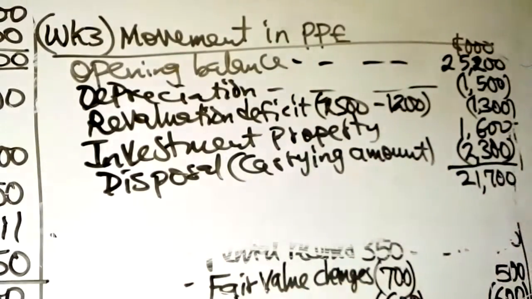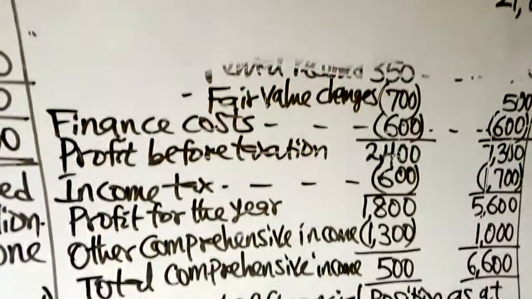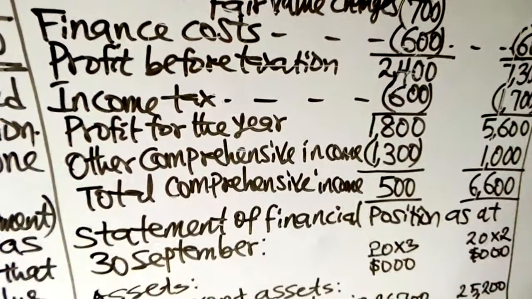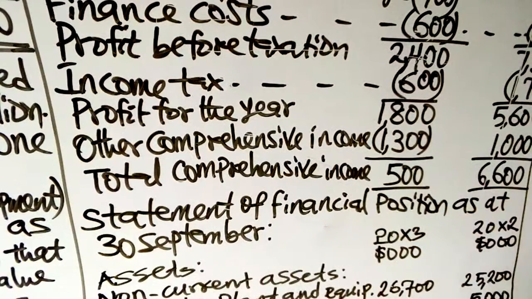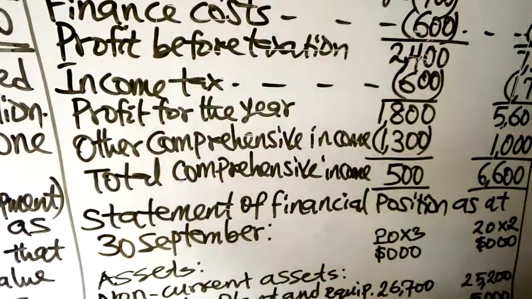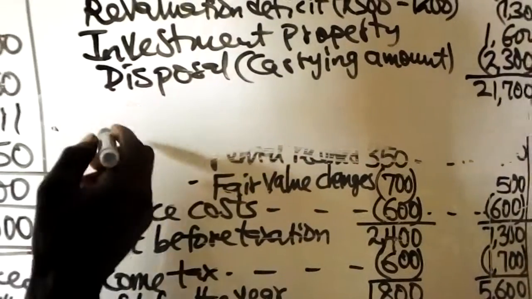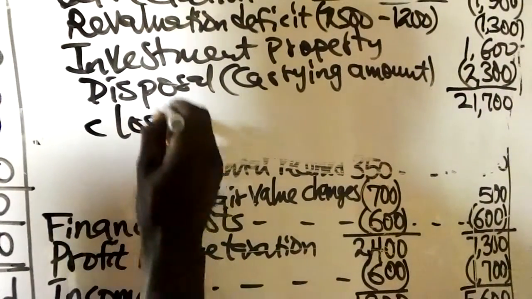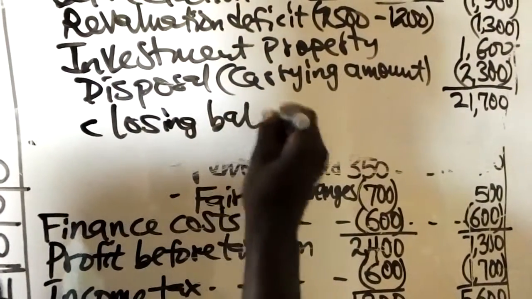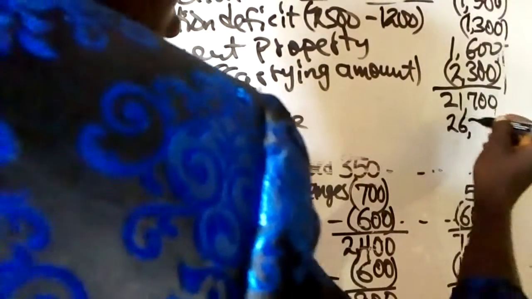Now, the value of the PPE at the end of the period, the closing balance, is 26,700.